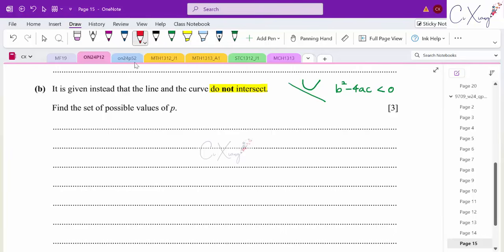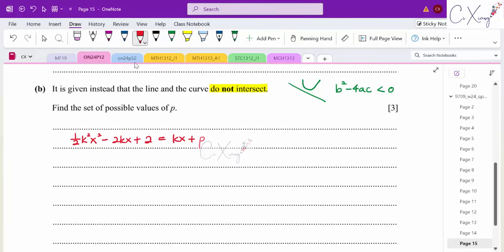So we have to put in our curve equation and also the linear line equation, and see what will happen. So I let the curve equation equal the linear equation, which is kx plus p. You have to take note that I cannot substitute any value of k and p that I get from the previous part, because in the previous part we already assumed that the curve and the line intersect with each other.